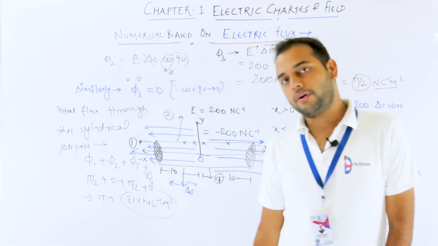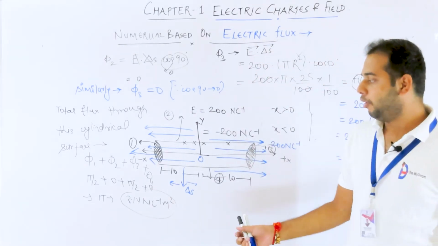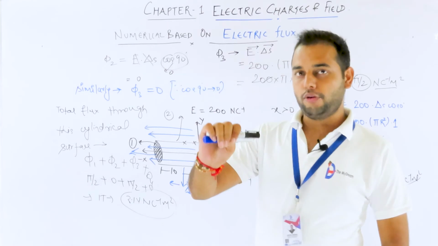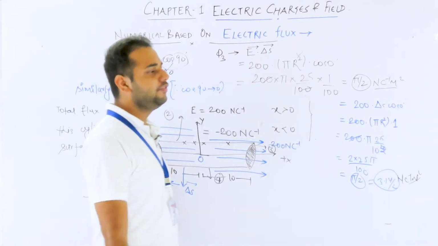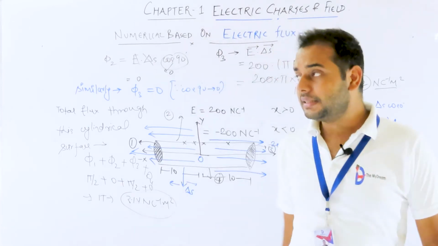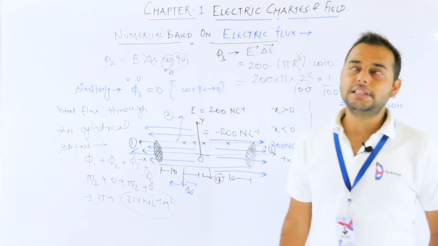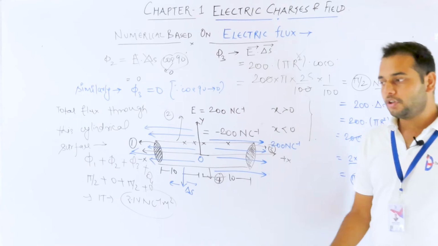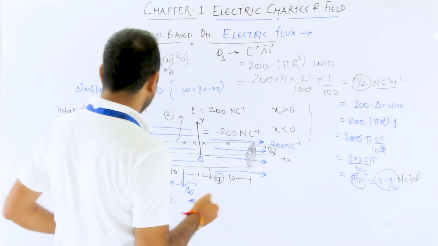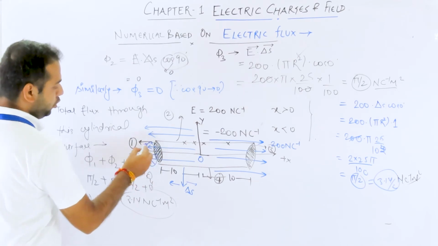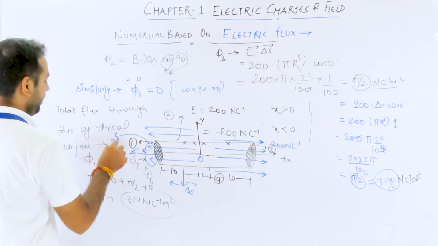So you don't have to worry about the direction because it is a scalar quantity. And obviously it is a scalar quantity because of what it tells us physically. It is a quantity which describes the number of lines crossing any area perpendicularly. Like on this surface, let's say two electric field lines are crossing that area perpendicularly.